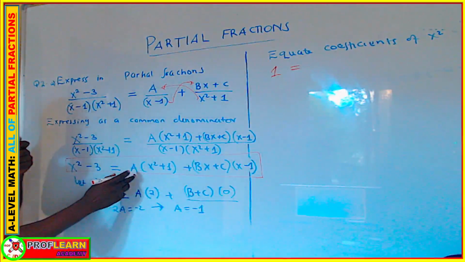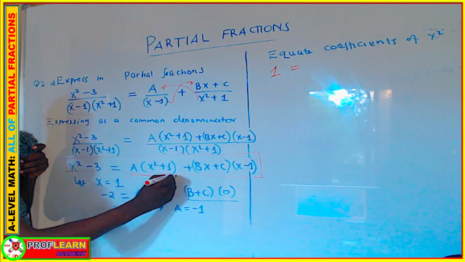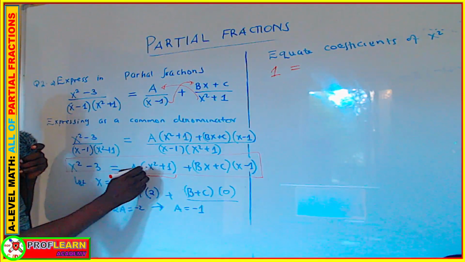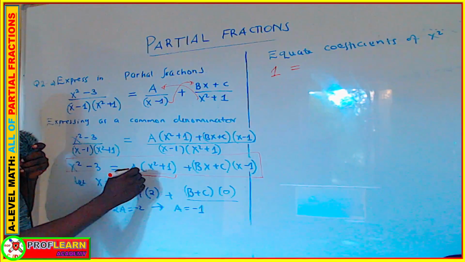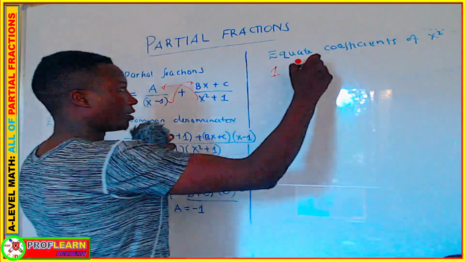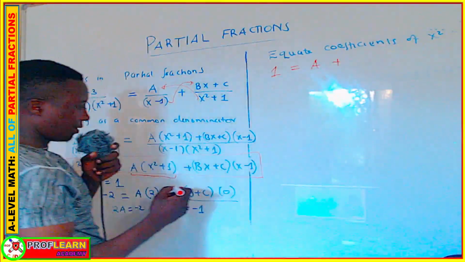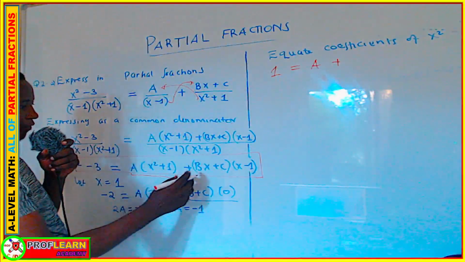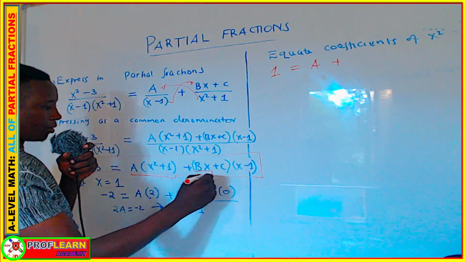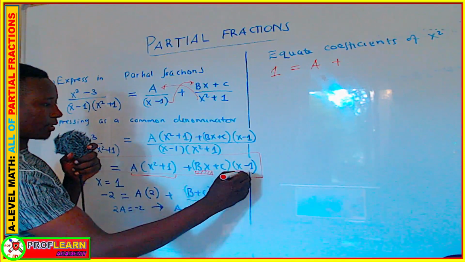The coefficient of x squared in this second term here is going to be a times x squared. So the coefficient of x squared here is going to be a. Then plus the coefficient of x squared here: actually x squared will only be obtained if we multiply bx times x.